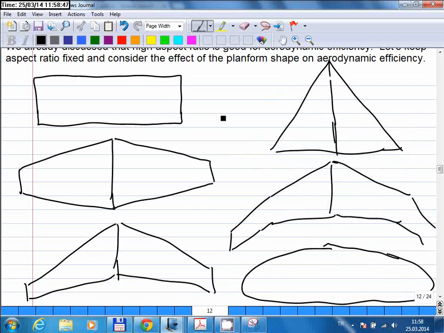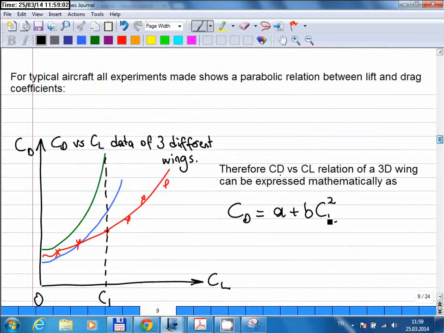Well, obviously they have different planform shapes. And if you make small models of all of these designs and test them in a wind tunnel, you'll get such results, right? Some of them will be bad, some of them will be better than the others.